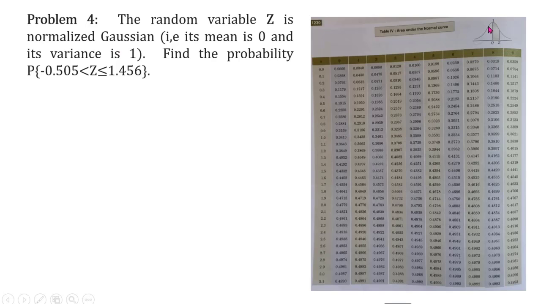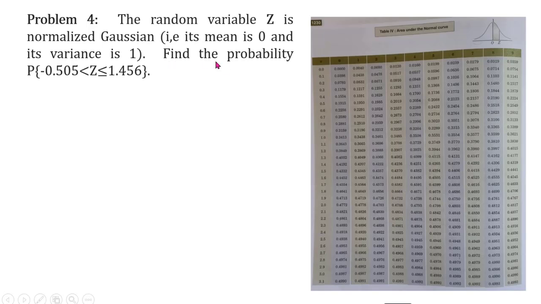We have discussed the probability density function and the respective cumulative distribution function equations, all those things. You will come to know its mean and variance in upcoming classes. The property of this normalized Gaussian is that its mean is 0 and variance is 1.